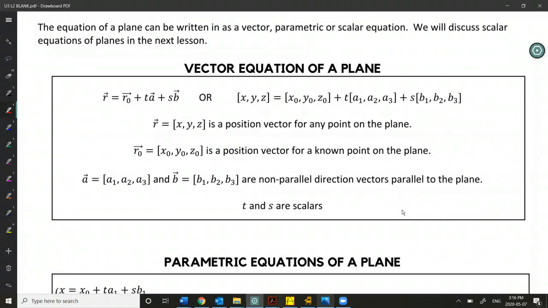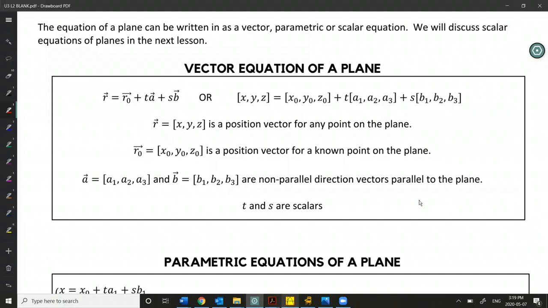Similar to how we can express the equation of a line in 2 space and in 3 space, we simply need a position vector out to the plane, and then we'll have 2 direction vectors with parameters s and t in front of them. Basically, this can generate all possible points on the plane.